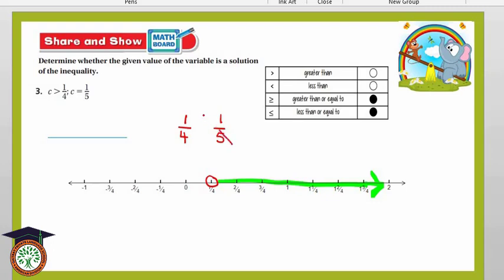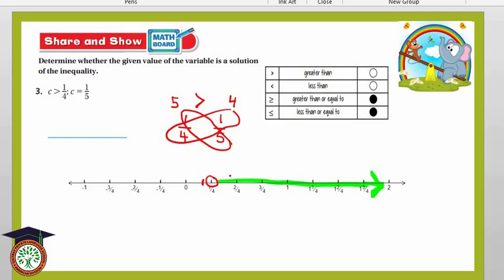I'm going to use my butterfly method or cross multiplication. 1 times 5 equals 5. 1 times 4 equals what? 4. So which fraction is greater? 1 over 4. So 1 over 5 is somewhere here.